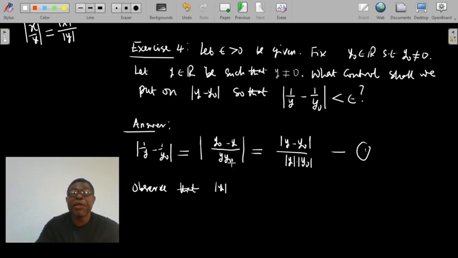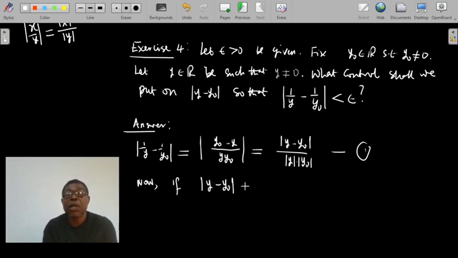Okay, let me do this. Now, if absolute value of y minus y naught is less than, say, absolute value of y naught over 2, you will see the reason for what I'm doing now.